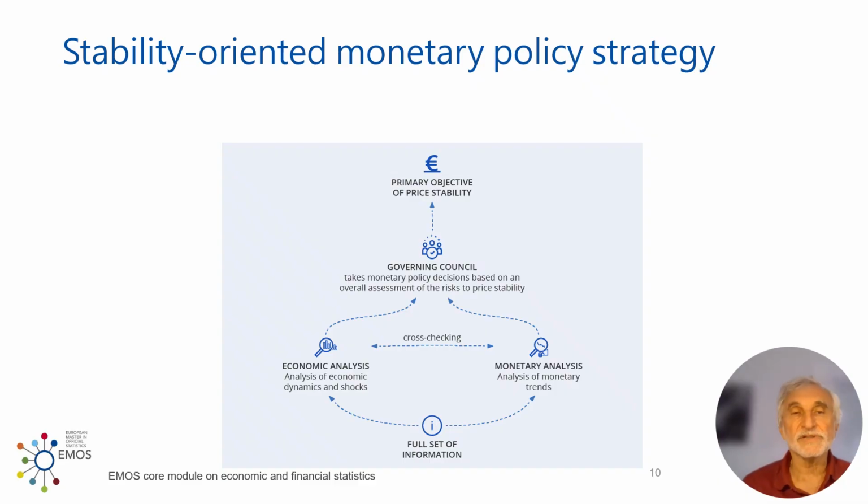To be more specific about monetary policy and its data needs, here is a graph showing what happens when analysis takes place in order to prepare monetary policy decisions. When we start at the top of the graph, we see what we said before.